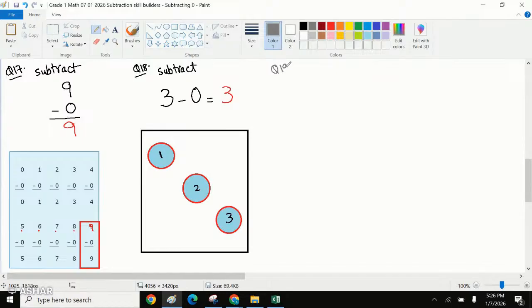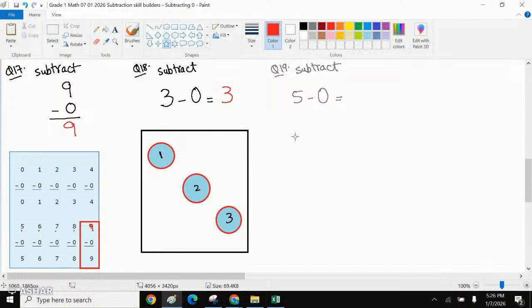Question number 19, it says subtract 5 minus 0. So by now we would remember the rule, right? If we subtract 0 from 5, it should always stay the same, right?